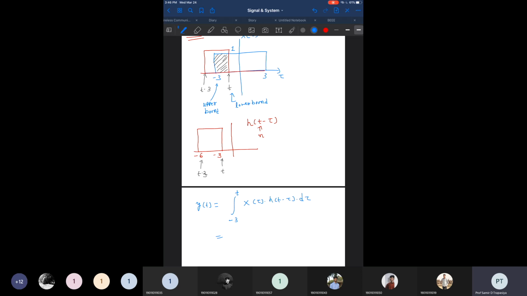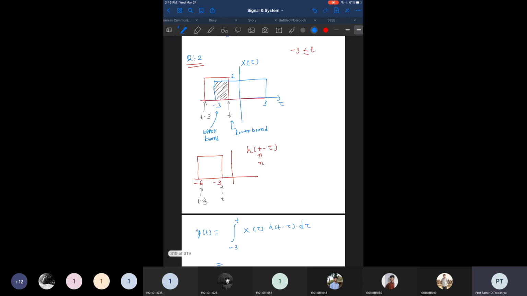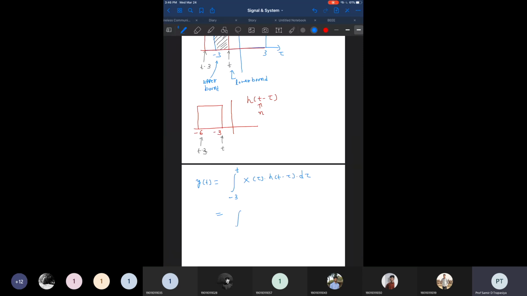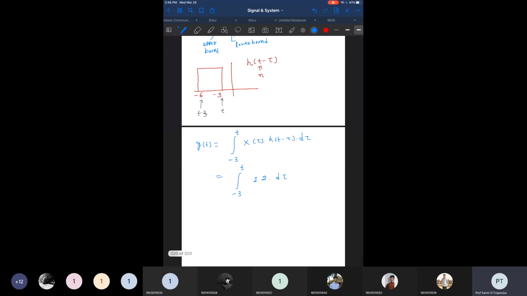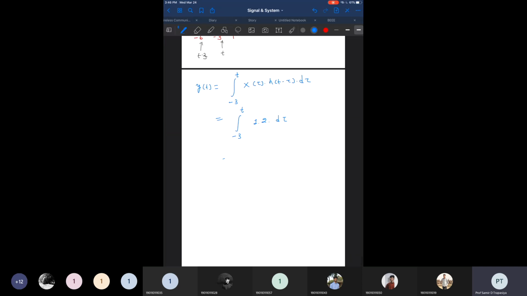Now we know that x of tau is 1 and h of t minus tau is 2. So the integration is from -3 to t, where the function is 1 and the function is 2, and we take this integration with respect to tau.